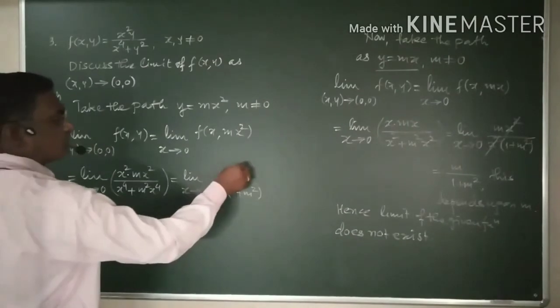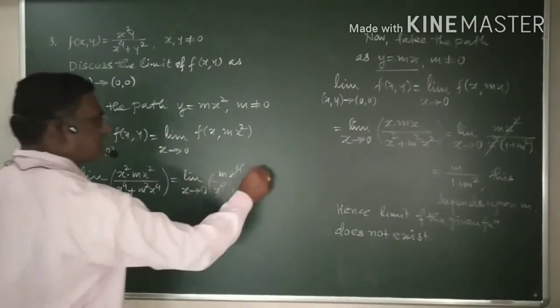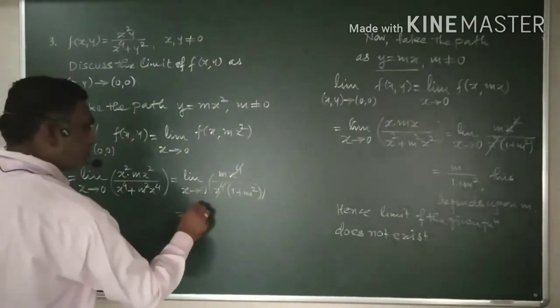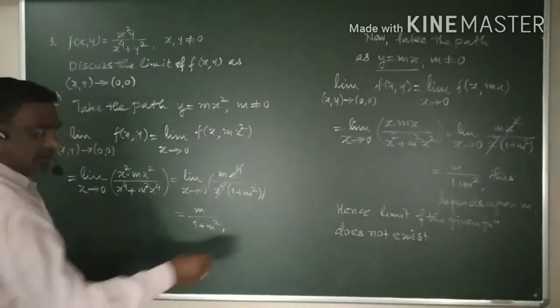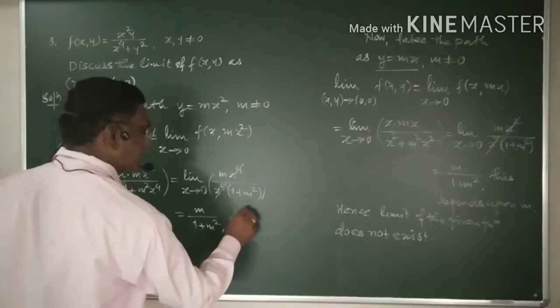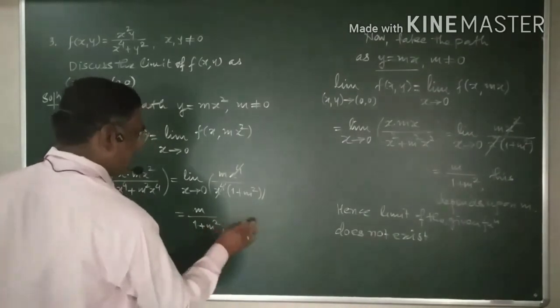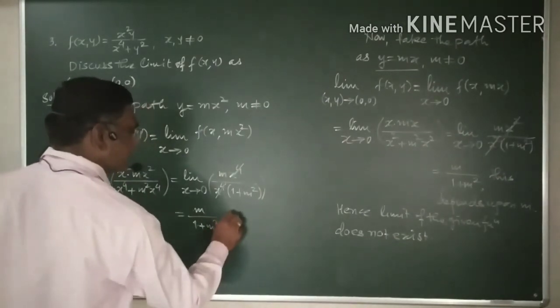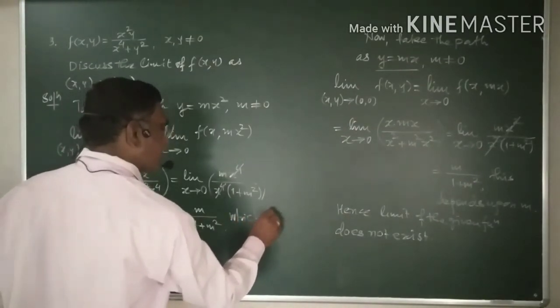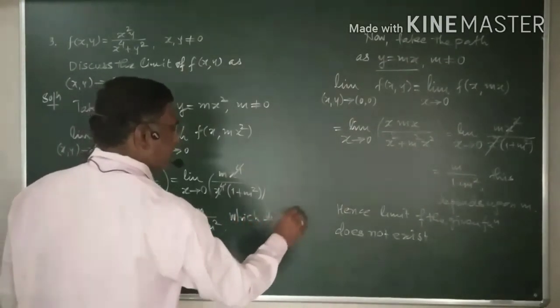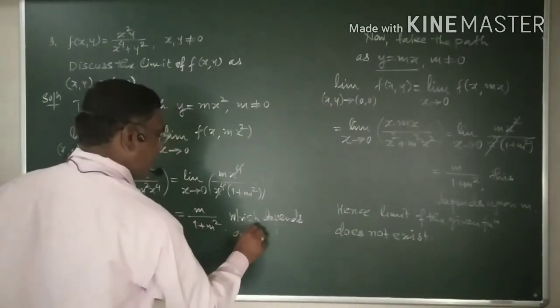Now x raised to 4 cancels, which is equal to m upon 1 plus m square, which depends on m.